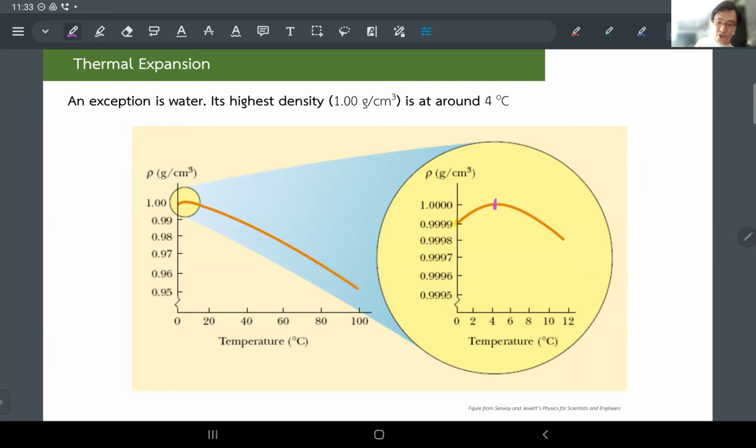So if you start around 4, no matter which direction you go, whether you warm it up or cool it down, the water will expand in both directions. So that's just to make sure that you understand which expression is a law, and which expression is just an expression to explain something.